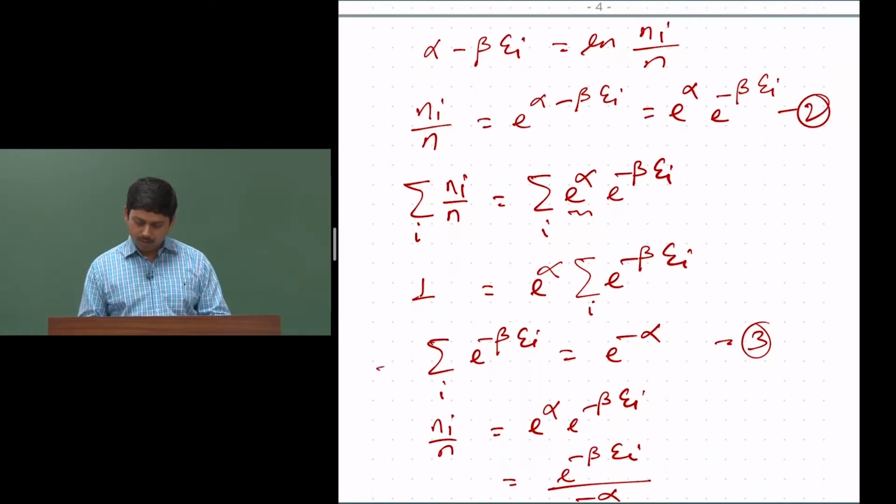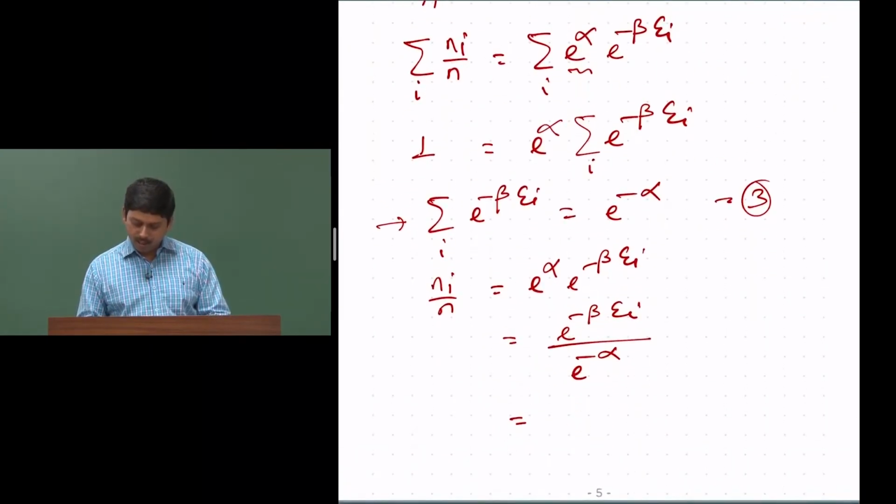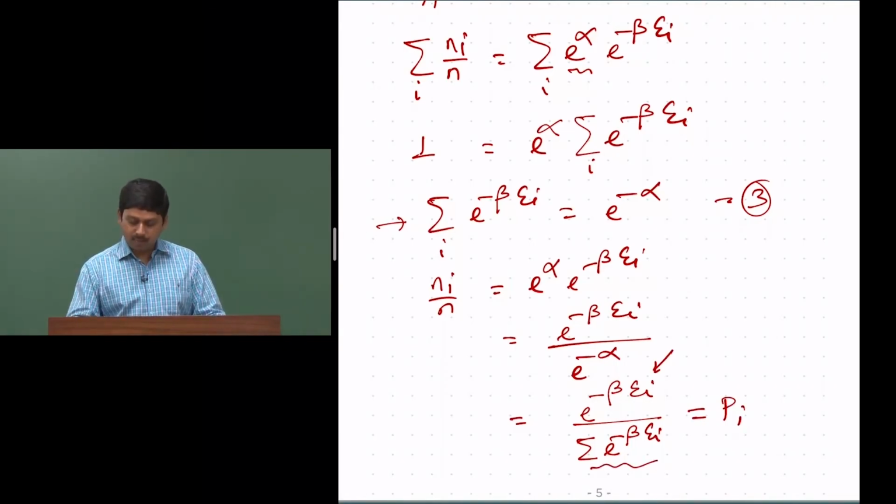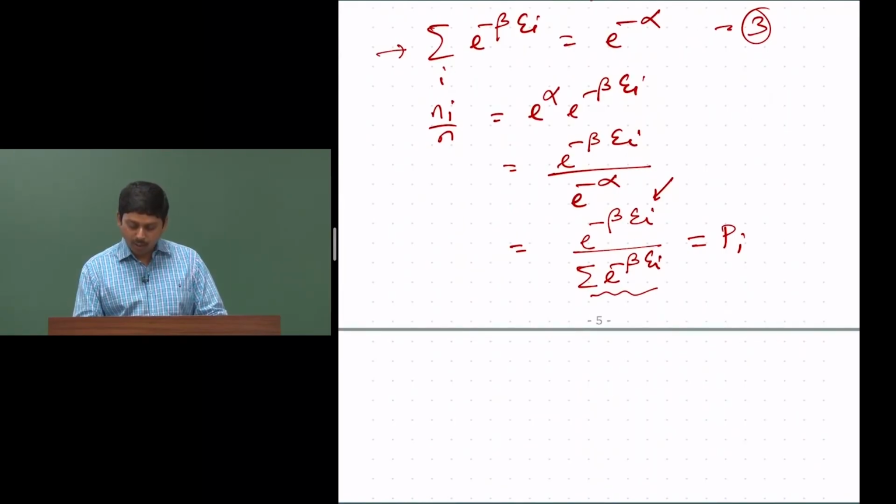So, put equation 3 in that and we get e to the power minus beta Ei by the sum over e to the power minus beta Ei. You know Ni by n is the probability. So, the probability of being in the i-th state depends on the energy of that particular state, whereas this one is nothing but a constant. So, we get Ni by n as A times e to the power minus beta Ei.